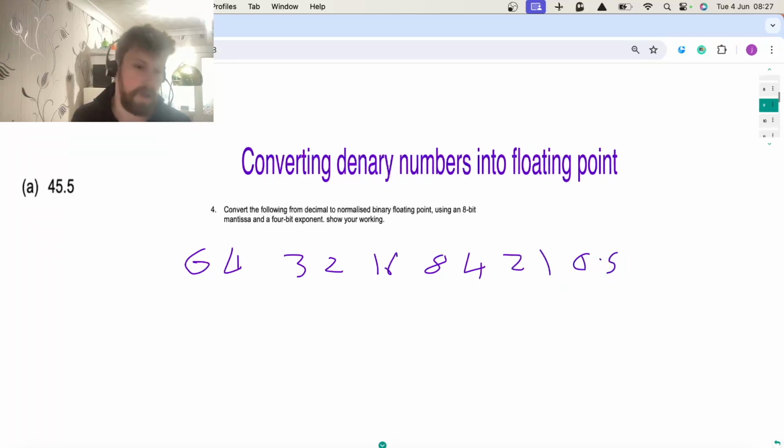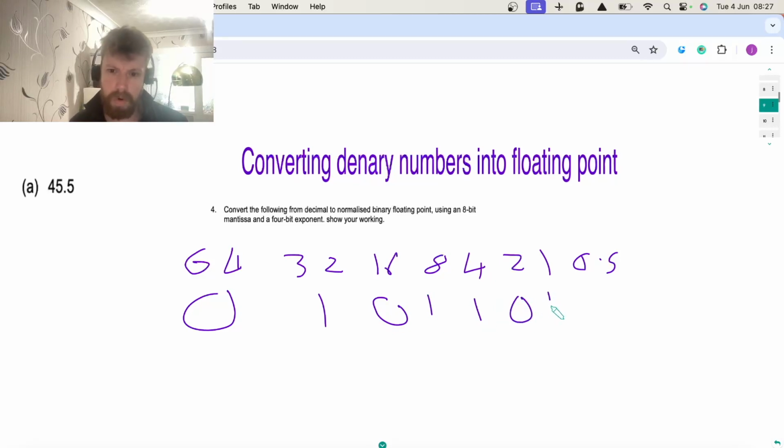Okay, and then I just convert 45 like so. So I'm going to go 0, 1. I've got 13 to make up there, so that's going to be 0, 1, and then 1, 0, 1. So that's 45, and then the 0.5 is going to just be there. The decimal point is here. So that's the first stage, is just convert it into fixed point binary.